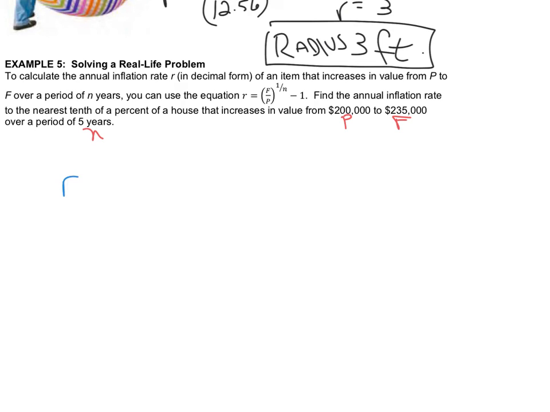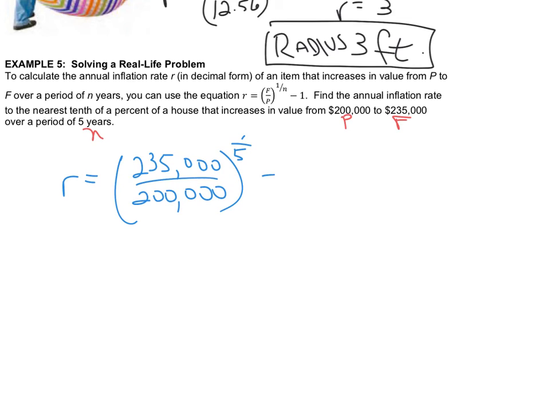So we have R equals, notice that the F is going to go up in the numerator. And we're going to do 1/5 as the power, and then we subtract 1.